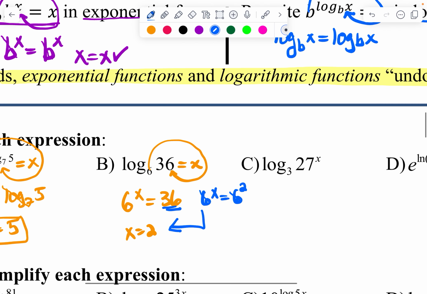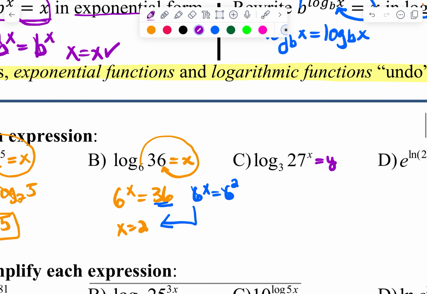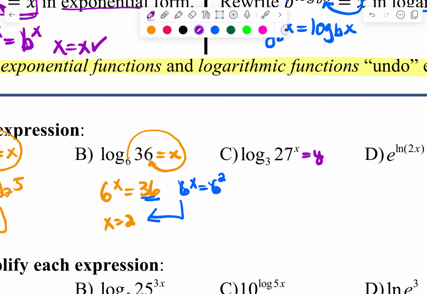Okay? Now, this one already has an x built in, so I can't set it equal to x. I'm going to set this one equal to y. Okay? So now, since it's already log, I need to change it into exponential, so I'm going to wrap this around. I get 3 to the y equals 27 to the x. Remember, I'm trying to solve for the y.